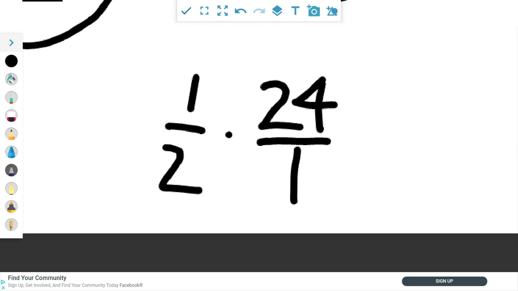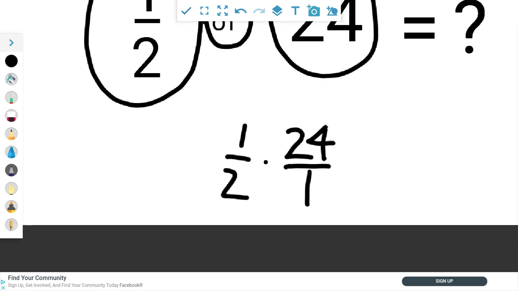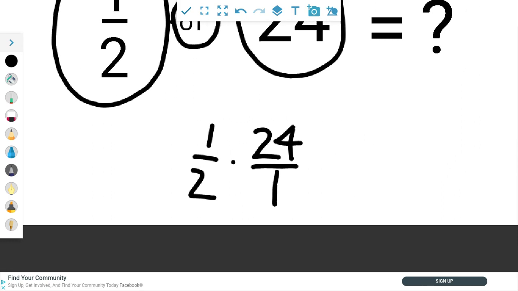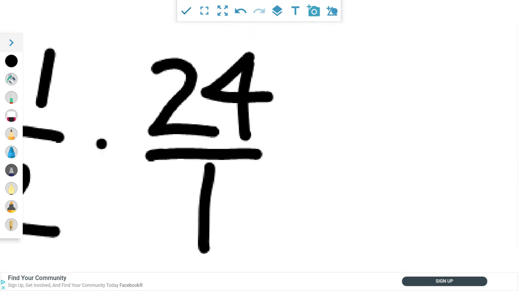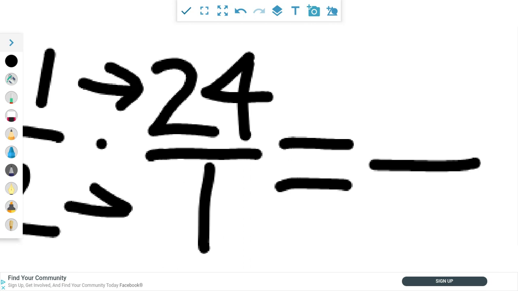Okay? So now that we have everything listed down here, let's go to multiplying it. Since we've been told to multiply these fractions, we're just gonna write 1 times 24. We're gonna do them horizontally straight.